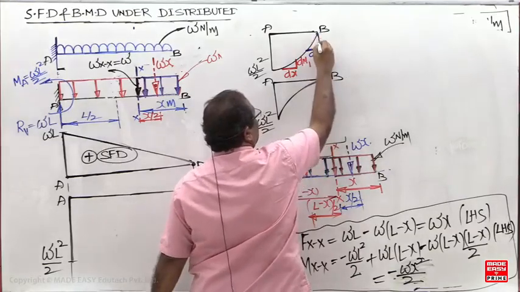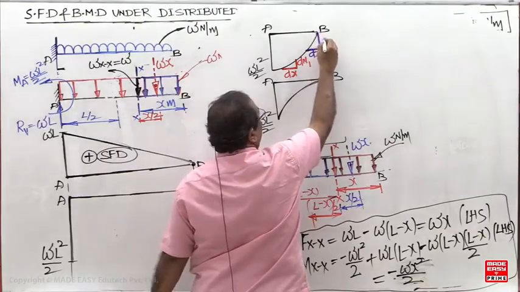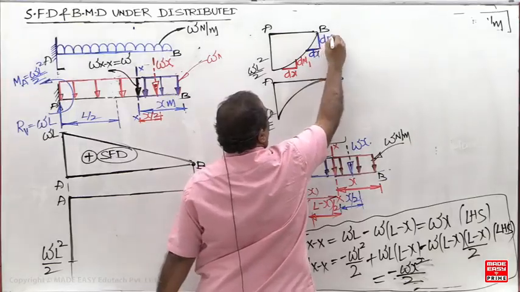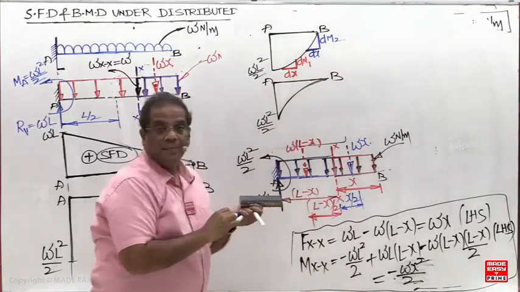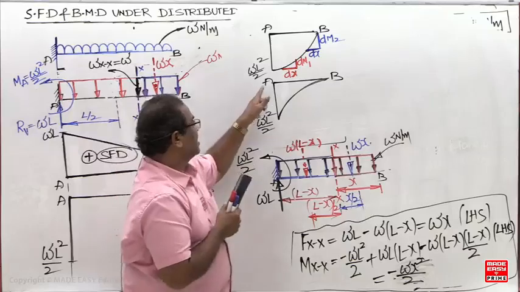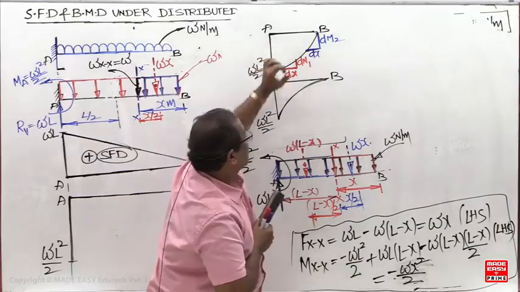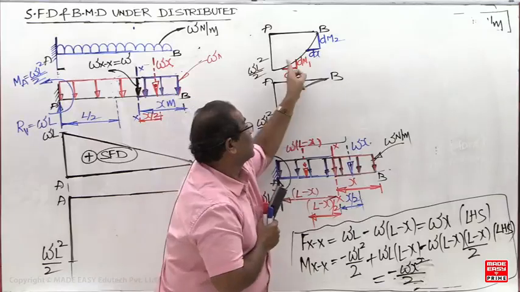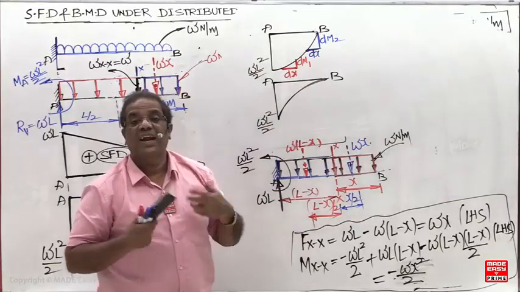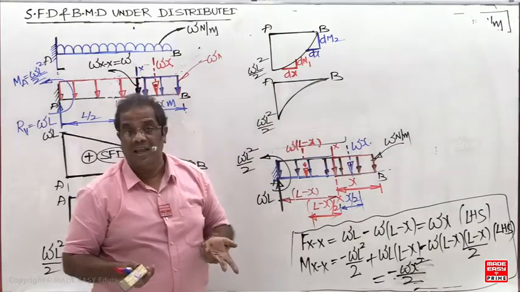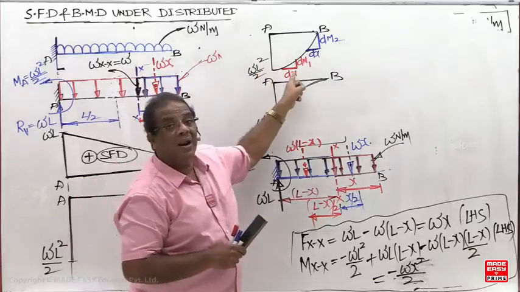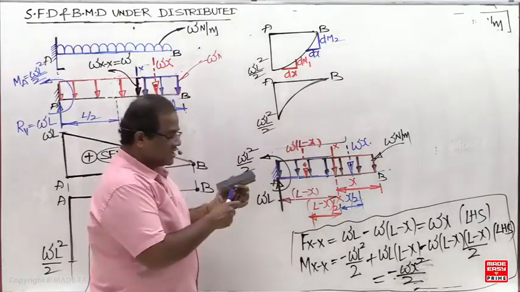Then draw the vertical line. dx is the same. Check the y coordinate. When going from left to right, is the y coordinate increasing or decreasing? dM2 is greater than dM1. This means when the y coordinate increases, the slope automatically increases. Therefore, it is a parabola with an increasing slope. Similarly, if you want to check it, what do you do?